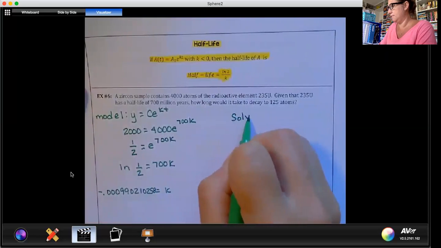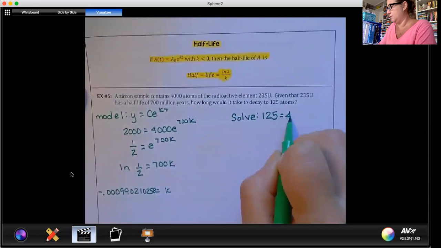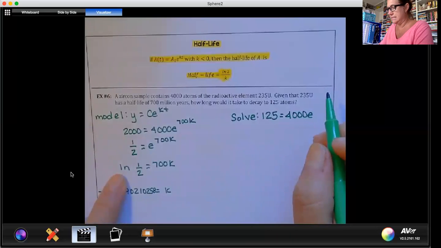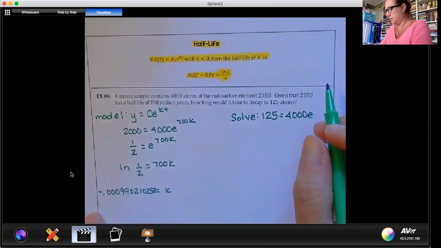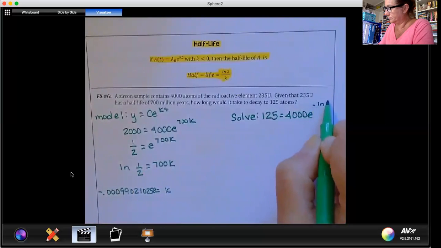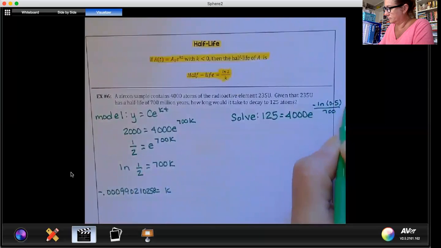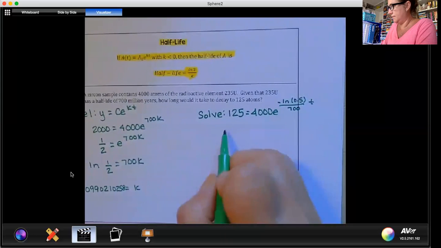So solve. 125 equals 4,000 e to the negative ln 1/2 divided by 700 t. That's what that value is there. So 125 divided by 4,000.